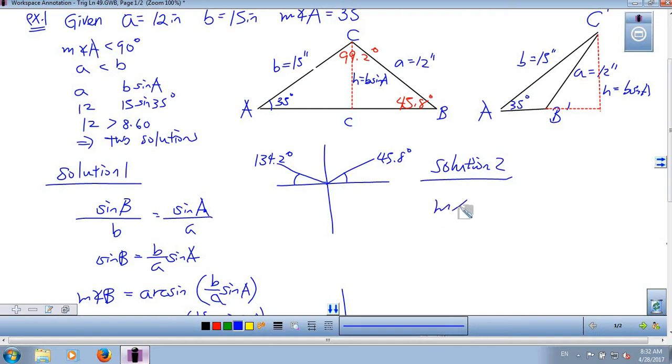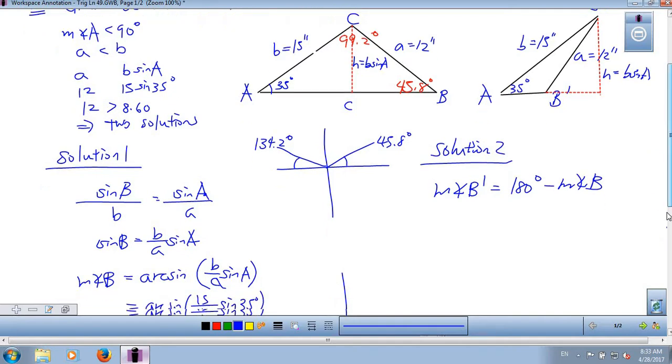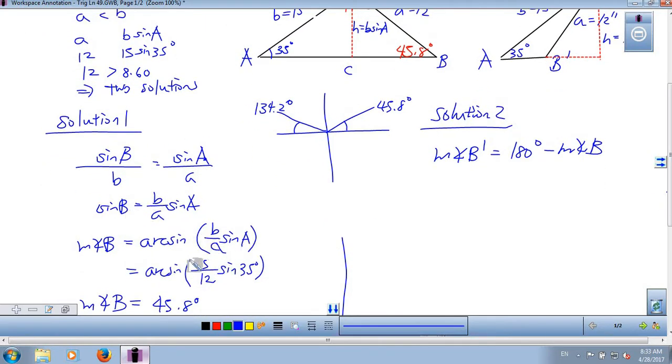So we can solve for angle B prime simply by doing 180 minus measurement of angle B. We could go through the same process, but if we use the same arcsine, you will get 45.8, so you won't get B prime, because the answer returned by the calculator doing arcsine is in quadrant 1, not in quadrant 2. So we have to do that extra calculation ourselves to get 134.2. So angle B prime is 134.2 degrees.